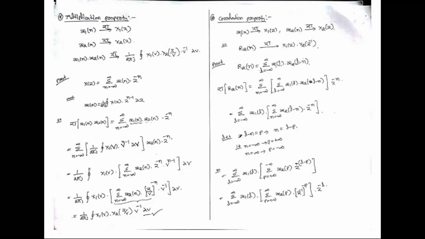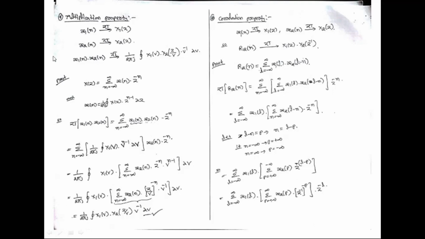According to the scaling property, scaling in the z domain, that is z by a, you'll get x2 of z by a. Why x2? Because the signal is x2. So x2 of z by v, v power minus 1 dv. Now it is in the form of 1 by 2 pi j, the integral x1 of v, x2 of z by v, v inverse dv.